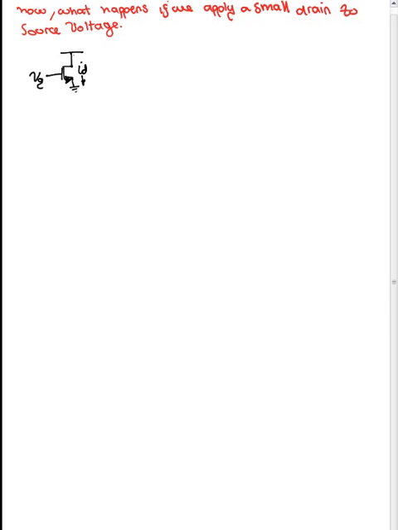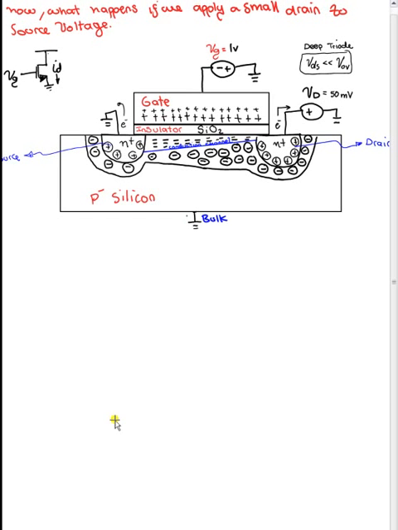Okay, so here it is. First, the biasing conditions. We are applying a gate voltage of 1 volt. We are applying a drain to source voltage, since the source is grounded, of 50 millivolts. That means the drain to source voltage is much less than the overdrive voltage.